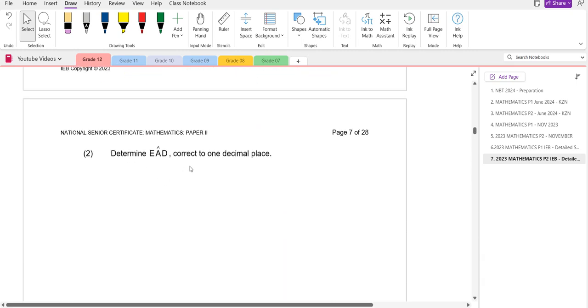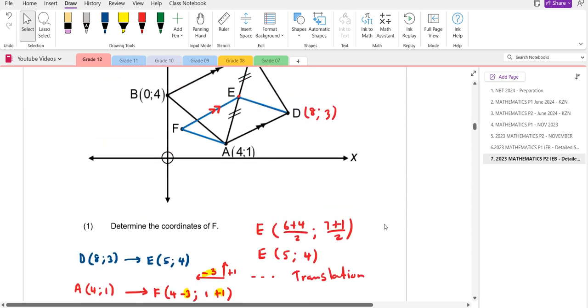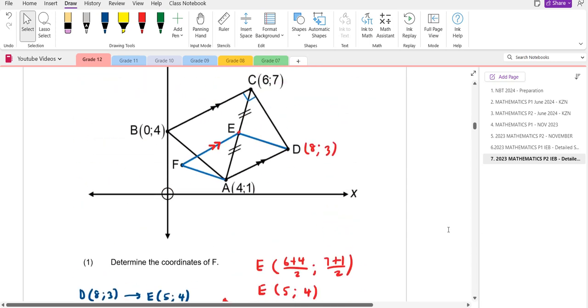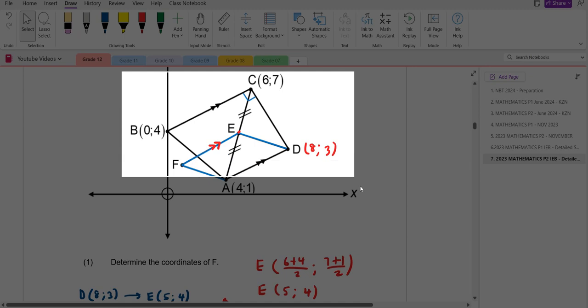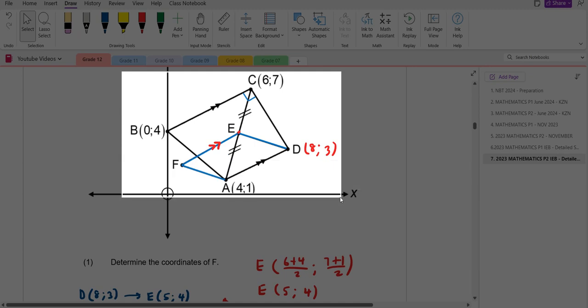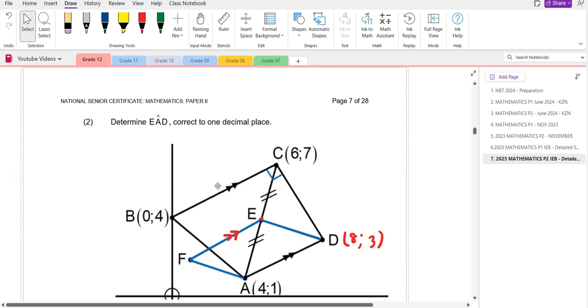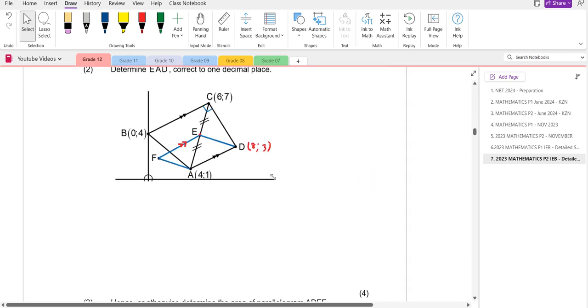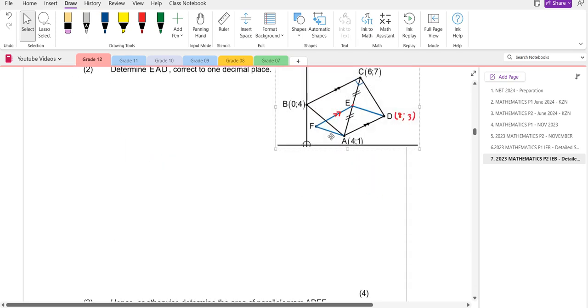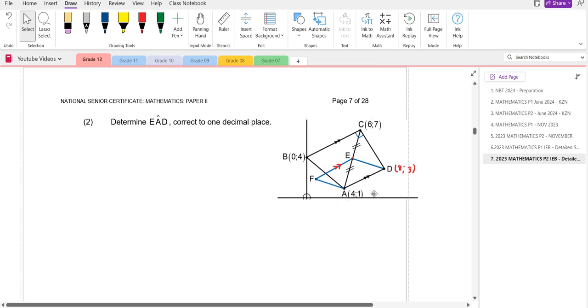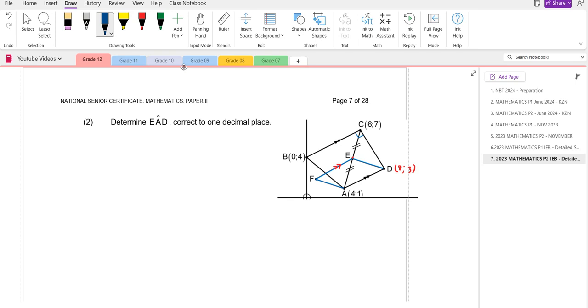Determine angle EAD correct to one decimal place. Let's copy this diagram. Right, so let's find angle EAD, which is basically this angle here, angle A1.